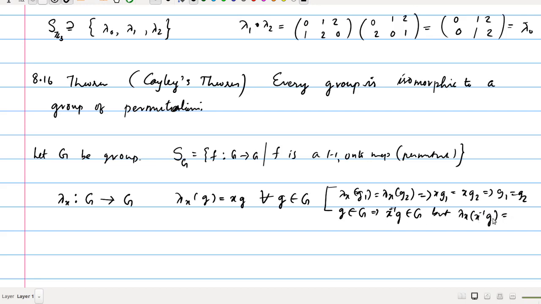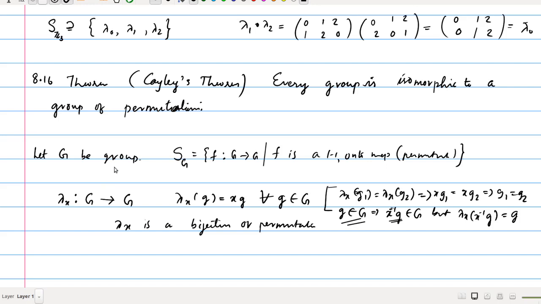That is x times x inverse g, which gives g. This shows that for any g belongs to G, there exists an element x inverse g belongs to G whose image is this one, which shows that this is onto. So from this you can say that lambda x is a bijection, or a permutation. This defines a permutation corresponding to x. So for each x belongs to G, there exists a permutation.